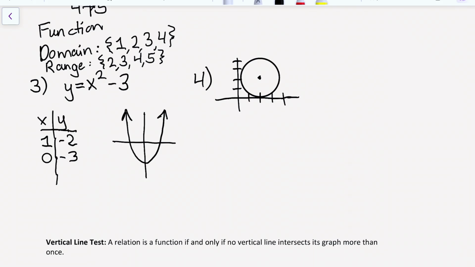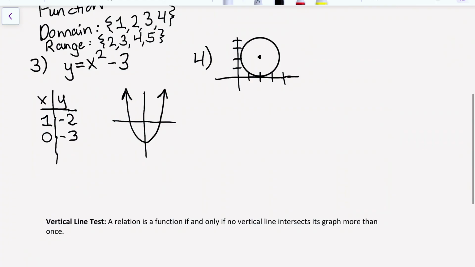If you plug a number in for x into this equation, it will give you exactly one number as an output for y. Another way to test a graph of a relation as to whether or not it's a function is using the vertical line test. The vertical line test is mentioned here. A relation is a function if and only if no vertical line intersects its graph more than once.